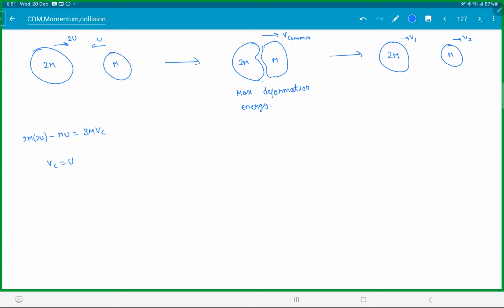Then if you take state 1 and state 2, the energy in state 1 is equal to energy in state 2. Here it will be kinetic energy of half 2m 2u whole square plus half of 3m v common square plus max deformation energy. So if you include the deformation energy, you can say the total energy is constant.